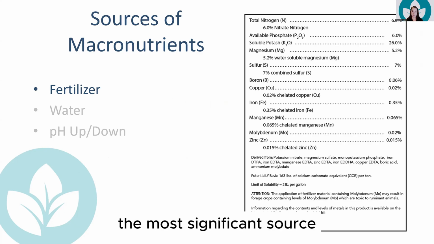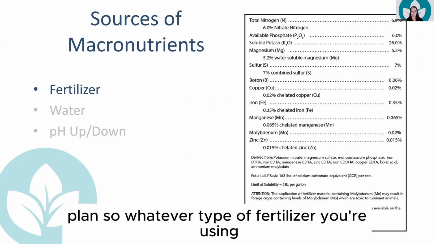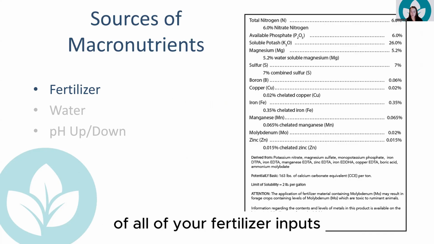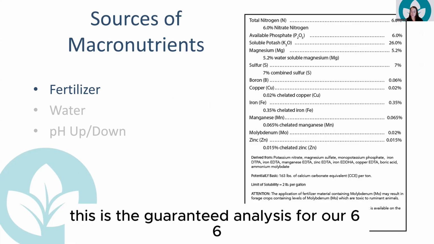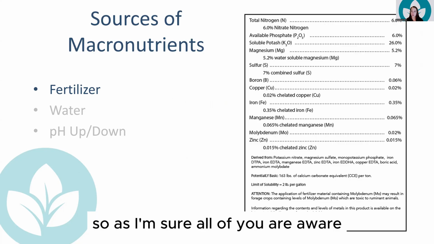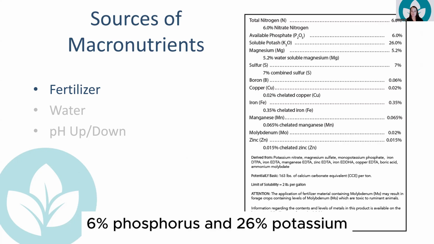So, the most significant source of macronutrients is going to be from your fertilizer plan. Whatever type of fertilizer you're using, always keep in mind the guaranteed analysis of all of your fertilizer inputs. For example, this is the guaranteed analysis for our 6626 low phosphorus part A. So as I'm sure all of you are aware, with this formula, we're supplying 6% nitrogen, 6% phosphorus, and 26% potassium.